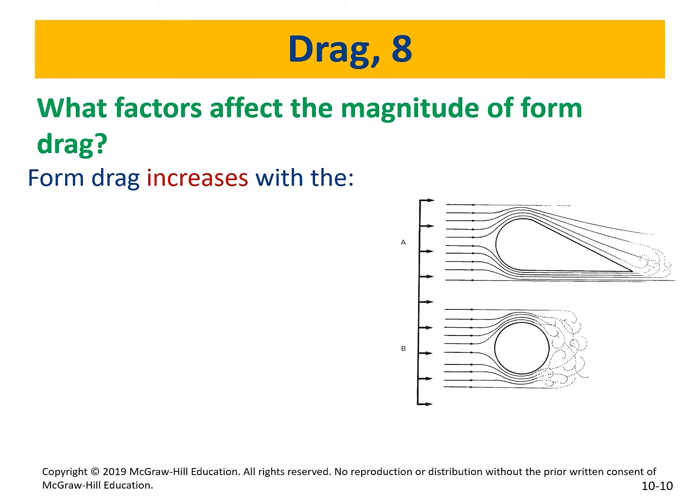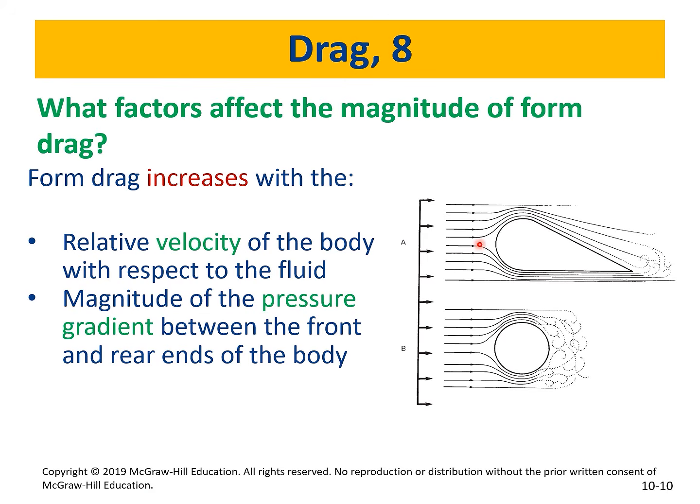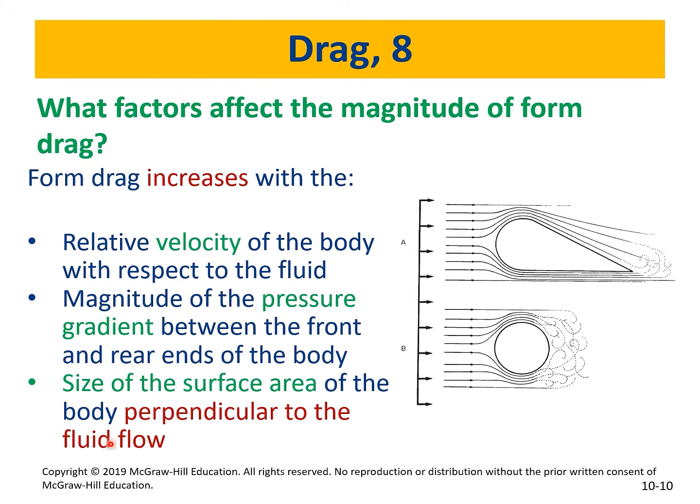Good. Now, what factors affect that magnitude of the drag force? Or the form drag, not the resistance, the form drag. We have the velocity, pressure gradient in the front and in the back, right? That makes a big difference for us. And also the size of the surface area proportionally is increasing the drag force. Now, the area that's perpendicular to the flow, which means it's this area, right?